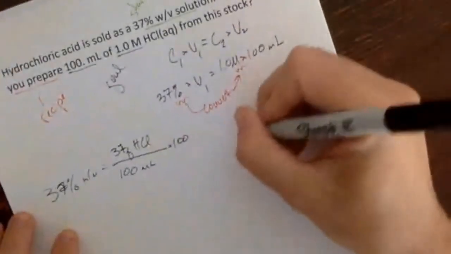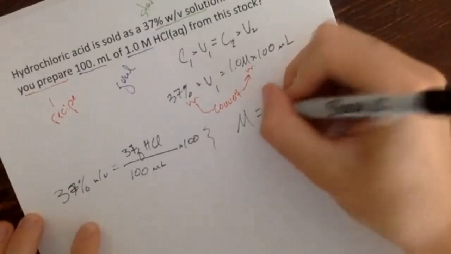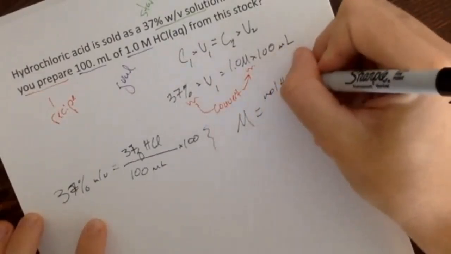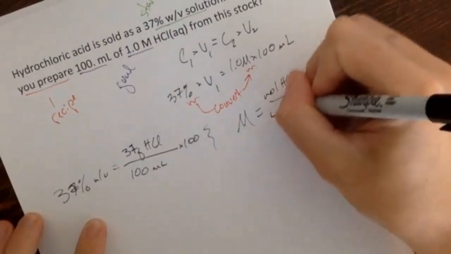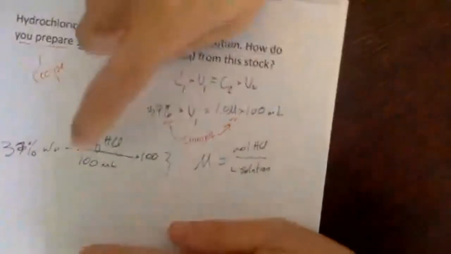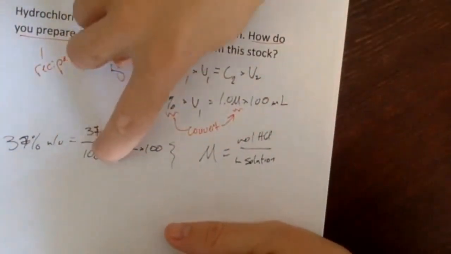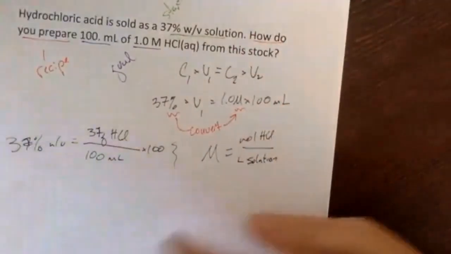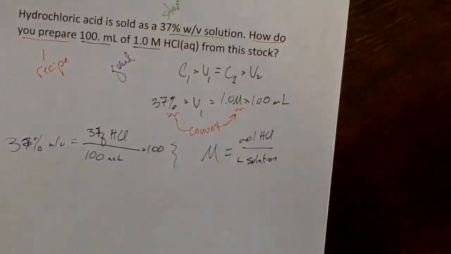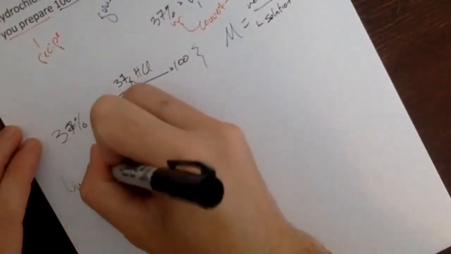And what I want, my goal, is a molarity, which is equal to moles of HCl over liters of solution. So I'm going to need to take this grams of HCl and turn it into moles of HCl, and take this milliliters of solution and turn it into liters of solution. I'll start with my numerator, the amount of solute.